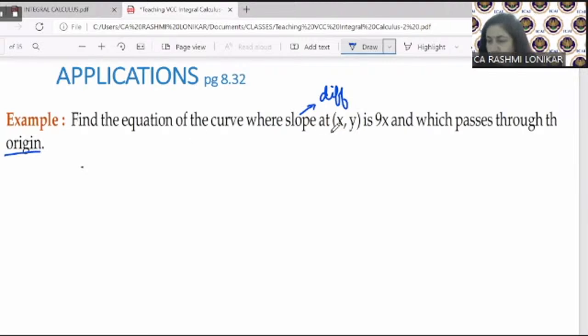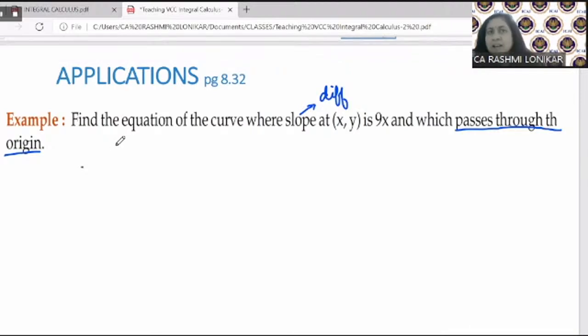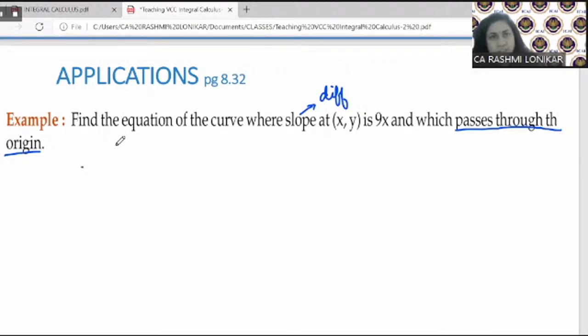Okay, so this is also very important. Passes through the origin. Now, if I want to find the equation of the curve, what is it saying? Find the equation of curve whose slope is. So, we need to find the equation. So, what will that be? Y is equal to something in x, right? So, on the left hand side, we will have y. And on the right hand side, we will have a function of x.